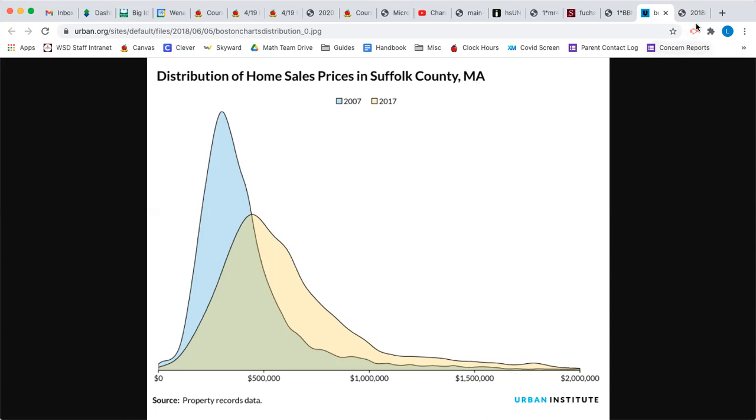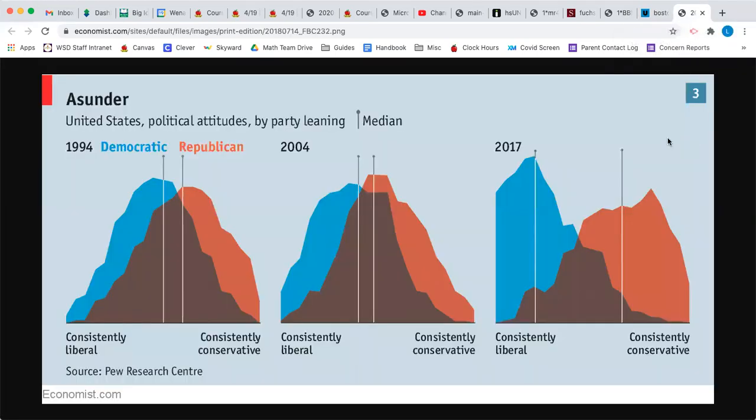All right, finally, we have one more distribution of data and a brief social studies lesson. This is from the Pew Research Center, and I guess I got it off of the Economist website, but this refers to the political party attitudes of Democrats and Republicans since 1994, with snapshots in 2004 and 2017.